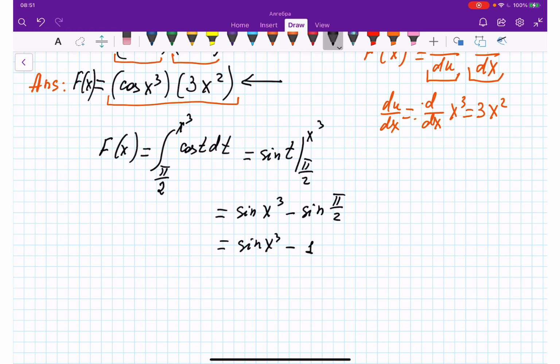Okay, let's do it. d by dx of sine x cubed minus 1 is equal to cosine x cubed times 3x squared. And we got the derivative of f. All right? Okie dokie.